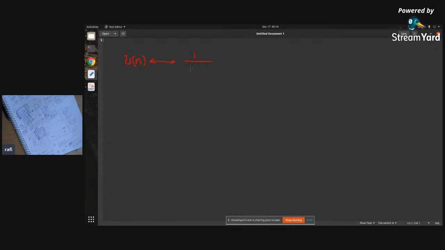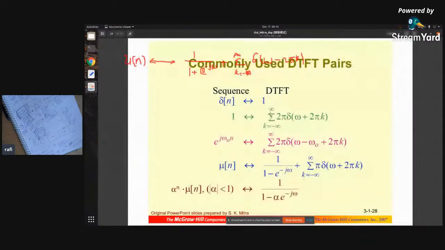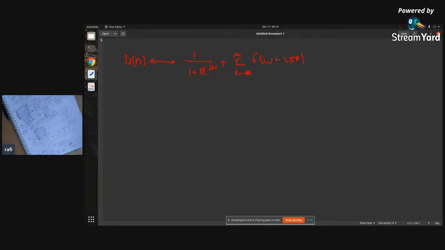It is 1 by 1 plus e power minus j omega, plus summation k equals minus infinity to infinity of delta of omega minus 2 pi k, something like that, plus pi as given. Plus or minus 2 pi k doesn't matter, since k runs from minus infinity to infinity, which means it has infinite impulses.